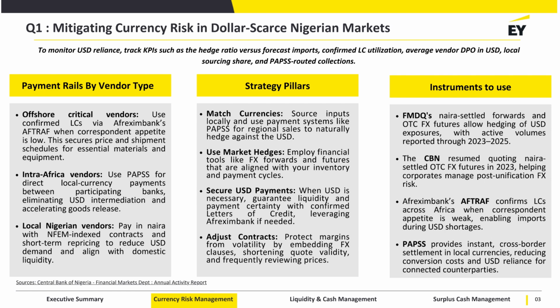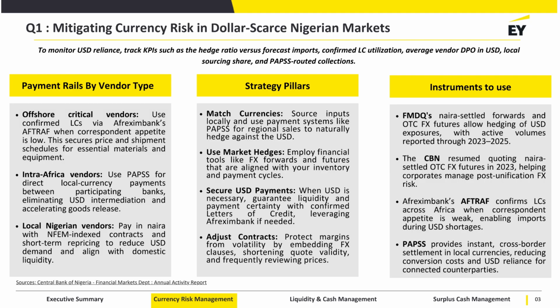As far as offshore critical vendors are concerned, we look to secure confirmed letters of credit where correspondent USD appetite is weak. In addition, we plan to leverage continent level facilities to guarantee shipments as well as timing.